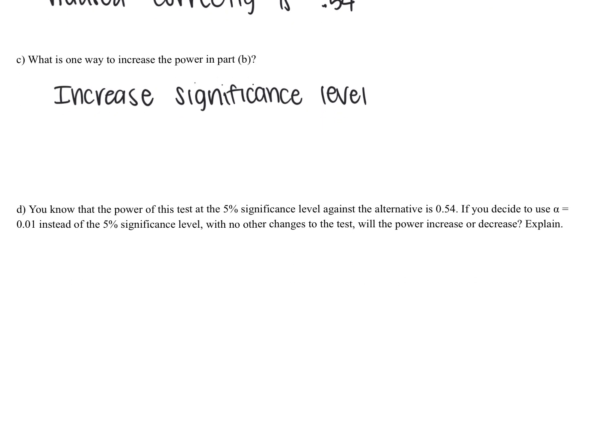Okay. So based on these previous two examples, we know, in the wording of our problem, that the power of the test at the 5% significance level against the alternative is 0.54. We are going to decide to use alpha equals 0.01 instead of the 5% significance level. With no other changes, will the power increase or decrease?